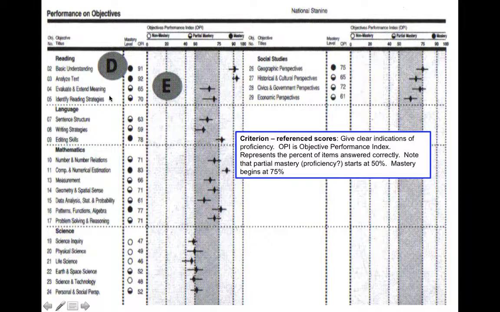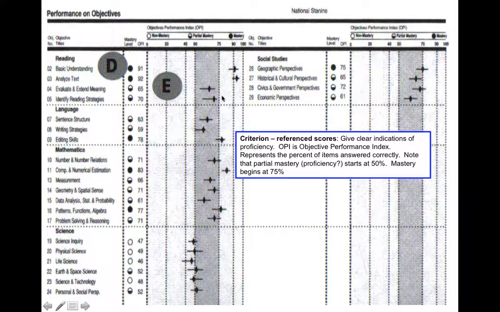If you look at this, I have my sections broken down into their component parts. Reading, basic understanding, analyzing text, and so on. I have my language, my math, my science, my social studies. Now, I have a couple indicators here, and I have my mastery level. And again, if I look at this, there are 3 basic categories: non-mastery, partial mastery, and mastery.